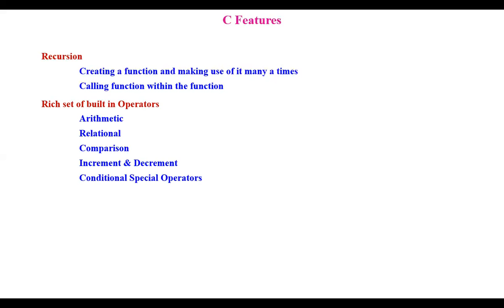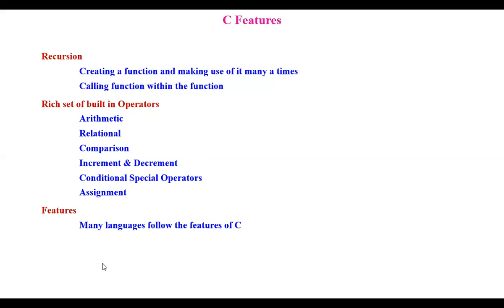Conditional operators, when you want to write some conditions. Suppose if it's raining, you have to take an umbrella with you. So this sort of condition can be incorporated. Assignment operators, right? All these are a rich set of built-in operators already available in C, and we just have to learn how to use them and implement features.